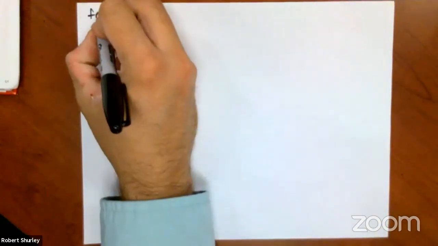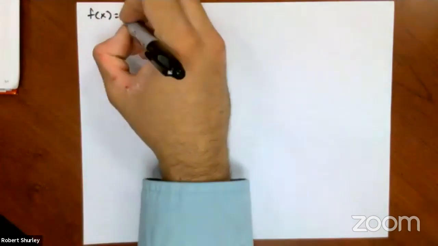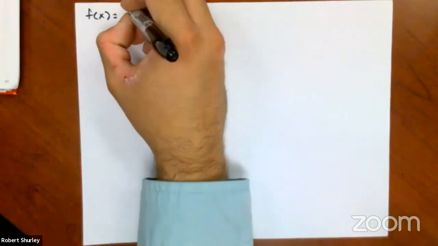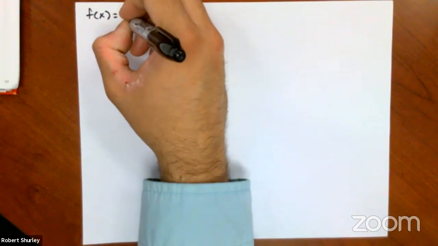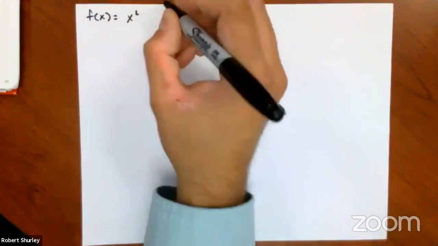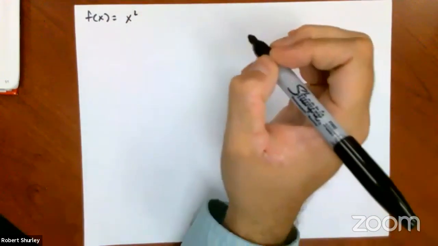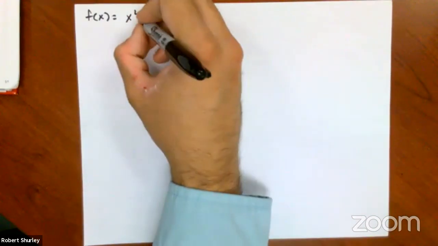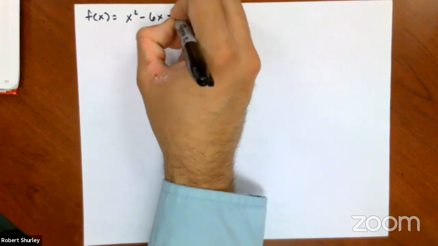Let's say we've got, well, this will be the last one because I'm out of paper. f of x equals x squared minus 6x plus 9.